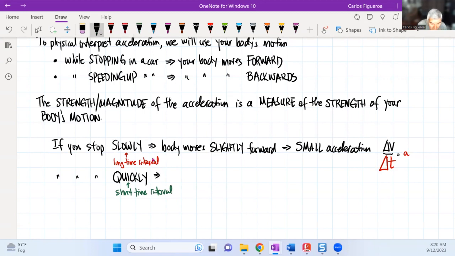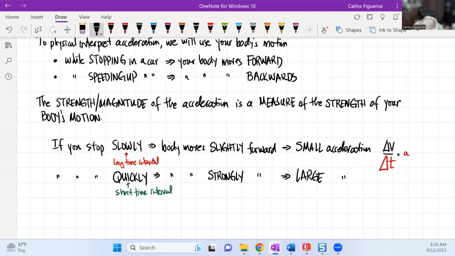Then what you're finding here is that your body moves, for lack of a better word, strongly forward. It's like you're being thrown forward, but you're not being thrown forward. That's a misconception. So as a consequence, you now have a large acceleration.